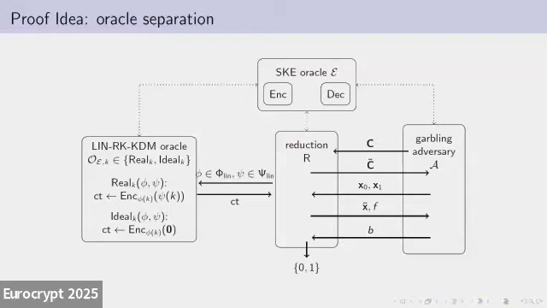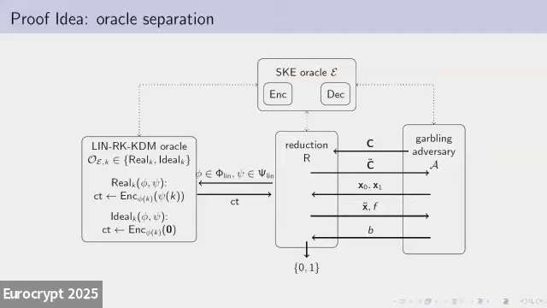For Lin RKKDM security, the reduction has oracle access to either a real oracle or an ideal oracle, both parameterized by a secret key k. It can send linear relations phi and psi, and in response, it either receives an encryption of psi of k under phi of k, or an encryption of the zero string under phi of k. The goal of the reduction is to distinguish these two cases.